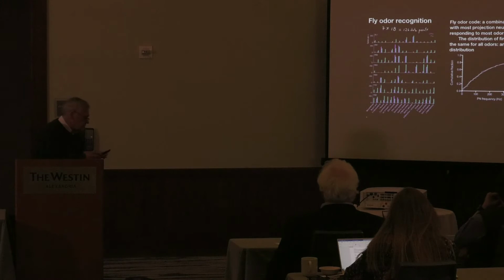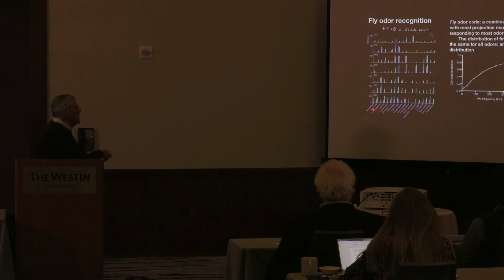Here is the odor recognition slide from Rachel's lab. Along here there are 7 different types of projection neurons. There are 50 types. This is a small fraction, but this is what they published.